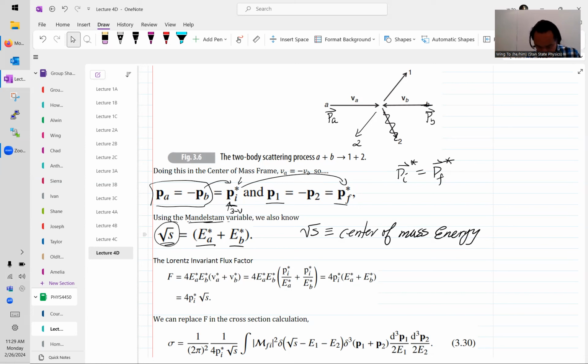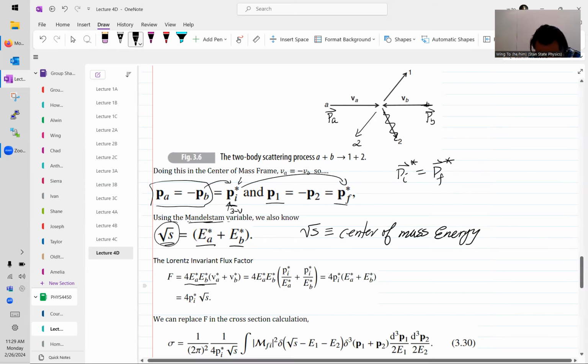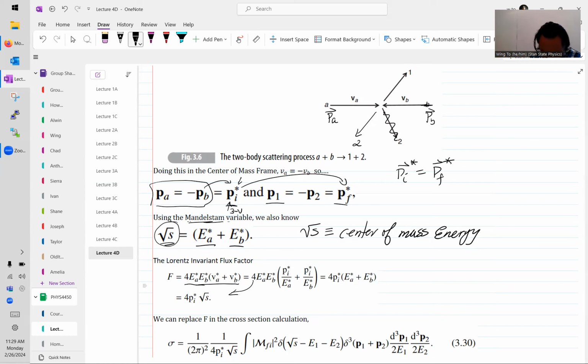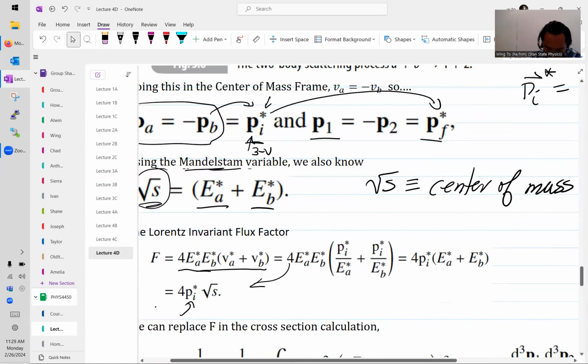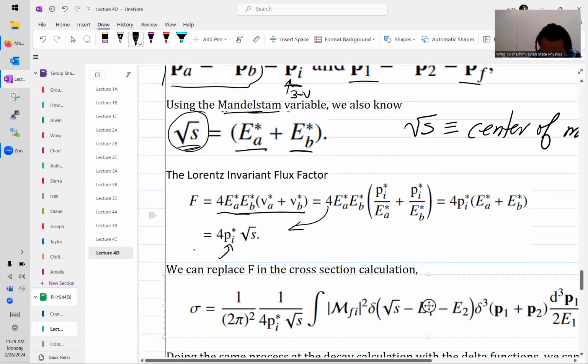This gives you some simplification of the Lorentz invariant factor. In this particular frame, I'm going to let you go through the algebra and fill in the steps that Thomson made. You're going to find that it's just going to be 4 times the incoming momentum.